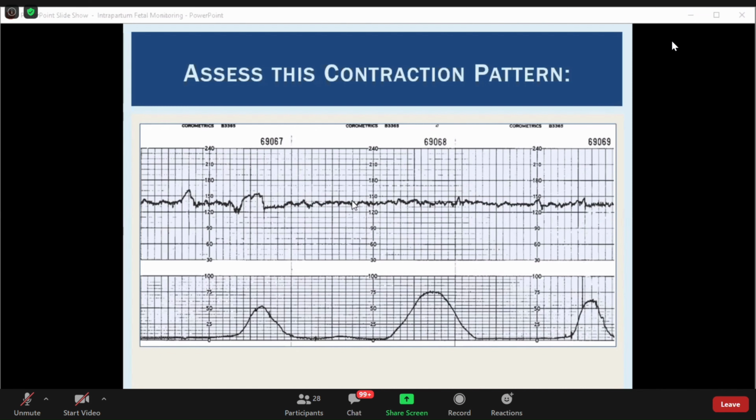We are going to talk about interpreting the strip in a minute, all right? So initially, you're just looking to see what is going on. We don't know that much about the mom, so we're guessing that she's in pain, but we're not looking at her rate. We're just looking at the fetal rate for now, okay?